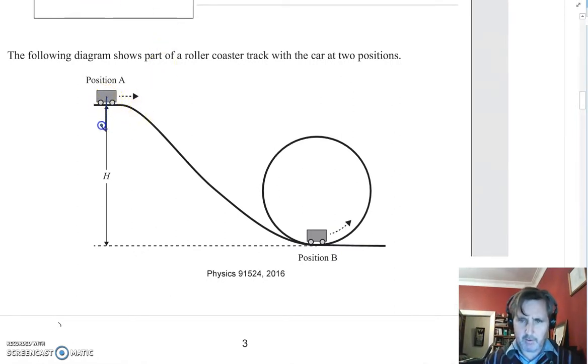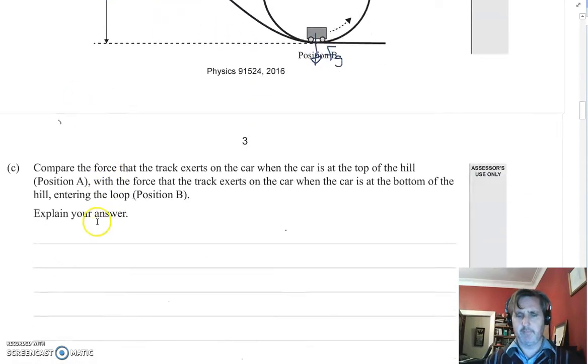They both have a gravity force acting on them, and the mass of this vehicle doesn't change, so the gravity force is the same at both places. At position A, the car is not accelerating up or down, so the force of support equals the force of gravity. Let's write that down.